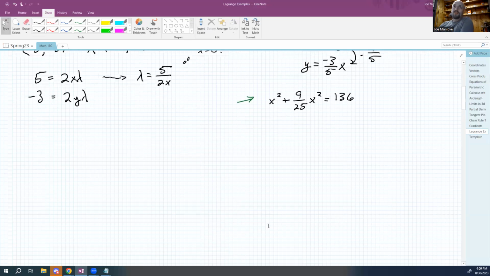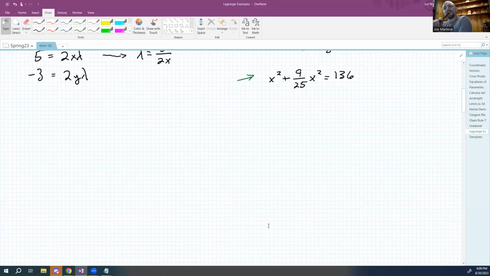Give myself a little more space. Well, I guess I could combine like terms or something. So that's like 25 25ths. So that's like 34x squared over 25 is equal to 136. I said this algebra was going to be simple.